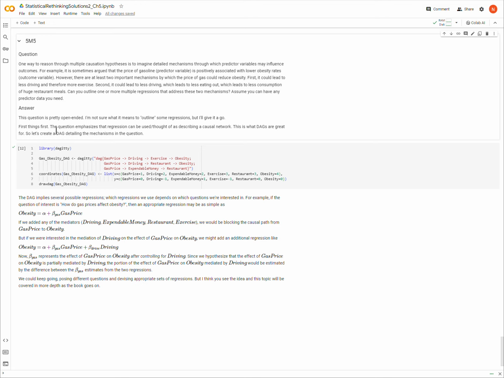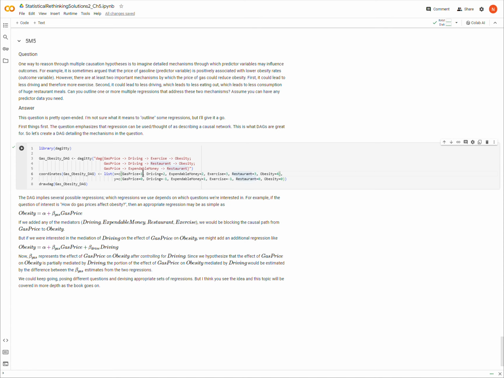So one of the tools that gets used very heavily in this book and that really, I think, are helpful are DAGs, right? So we can draw this DAG that hopefully embeds our assumptions about how these different mechanisms may affect obesity. And so I'm going to do that here with the dagitty library in R. So here I'm just detailing my DAG, and you can look at that and play with that with the Colab code.